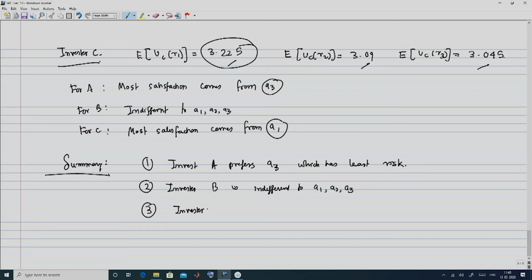And investor C prefers A1, which has the largest risk, and this again is consistent with investor C being risk loving. So, this is risk averse, risk neutral and risk loving.